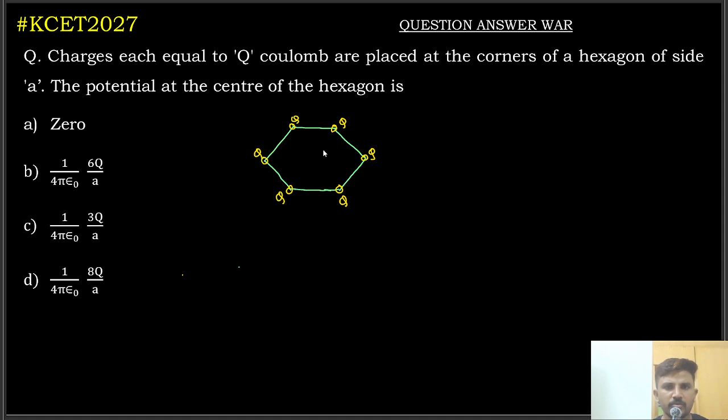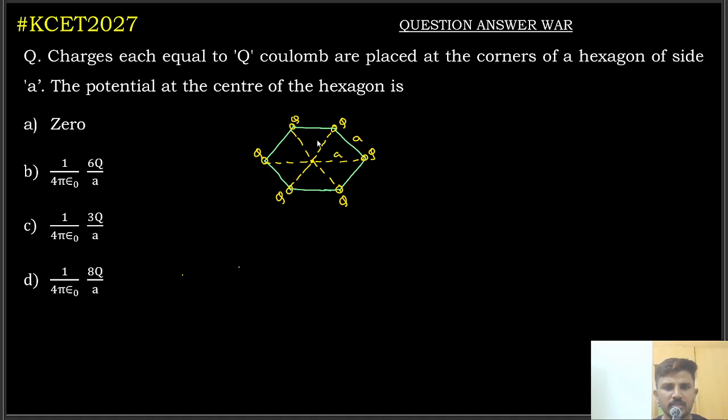Now what is the electric potential at the center? Since the side given is A, what will be the distance? This distance also will be A, because this forms an equilateral triangle, so all sides will be the same. So all these distances from the charges will be the same.